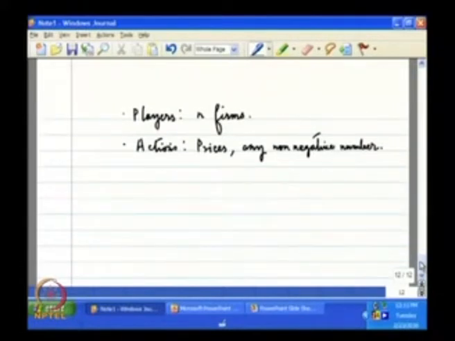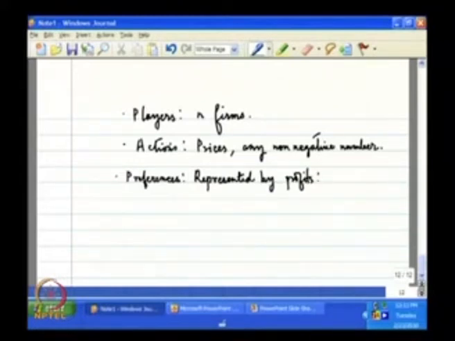It can be 0 also, hypothetically. And finally, preferences. Preferences are represented by profit, and how do I represent that profit?